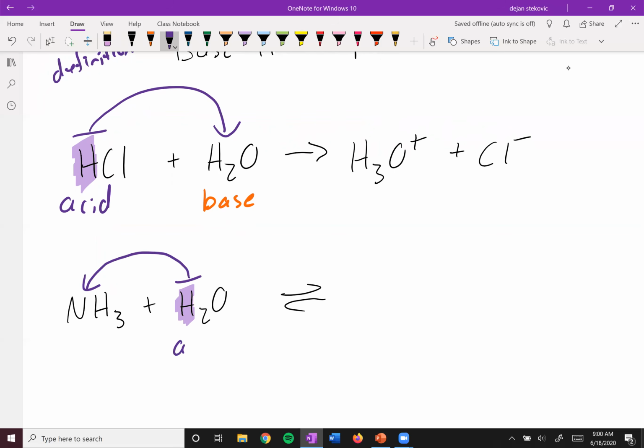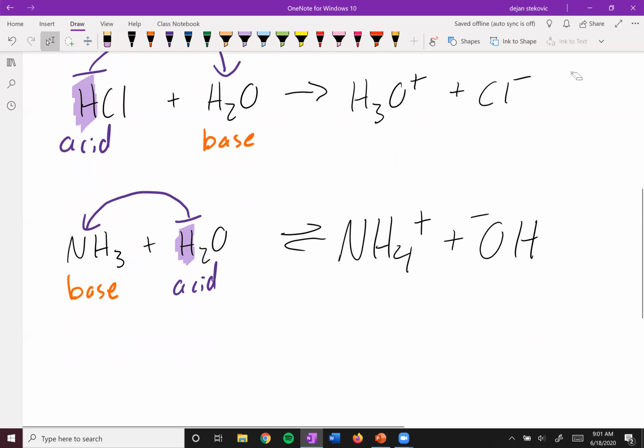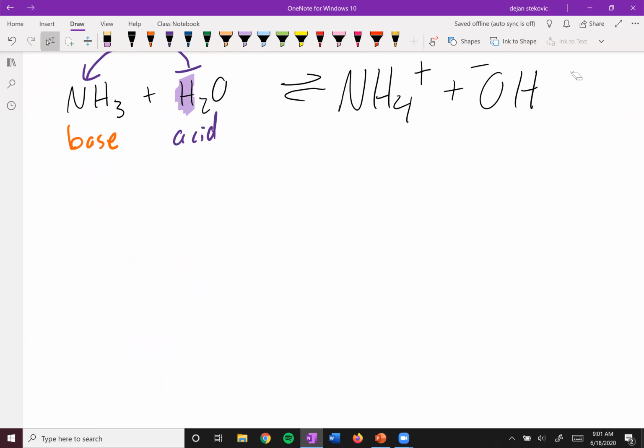So the water is acting as the acid, and the ammonia is acting as the base, to form ammonium, NH4 plus, and OH minus, hydroxide. So you can see here water can act as an acid or a base, but basically what you want to do is look at the overall equation and ask yourself, where is this H plus going? The thing that's giving up the H plus is the acid. The thing that is accepting the H plus is the base.